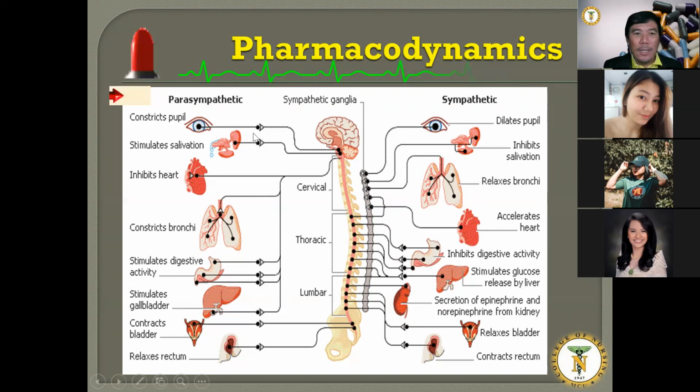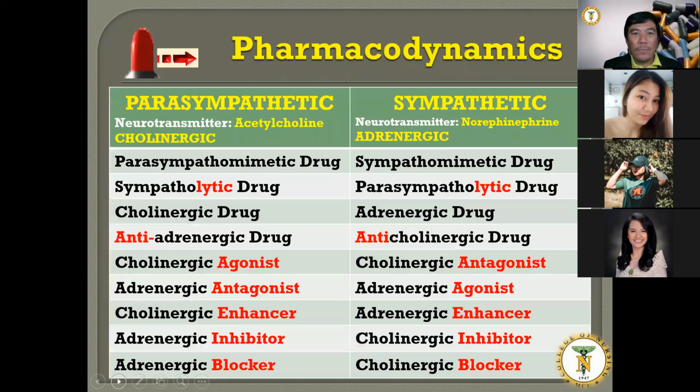Other than this, class, this will now apply the use of agonists and antagonists, and the use of inhibitor and blocker. The table that you are seeing now will guide you on the specific use of these drugs.